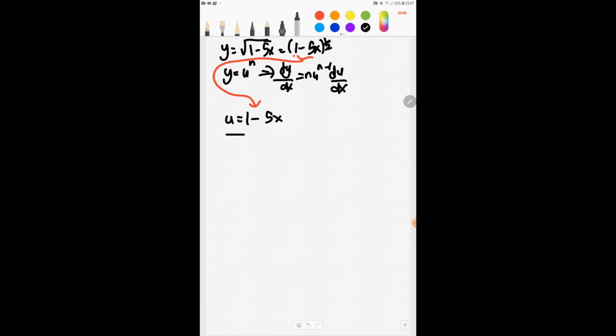The du per dx is negative 5. Now we want to find the dy dx. Finally, what is the dy dx? dy dx will be n u powers of n minus 1. We use this formula, so therefore we get half, u is 1 minus 5x, powers of negative half, since n minus 1 is half minus 1, which gives negative half, and du over dx is negative 5.